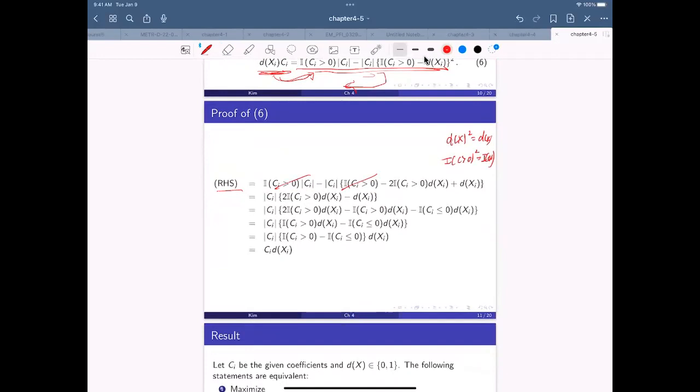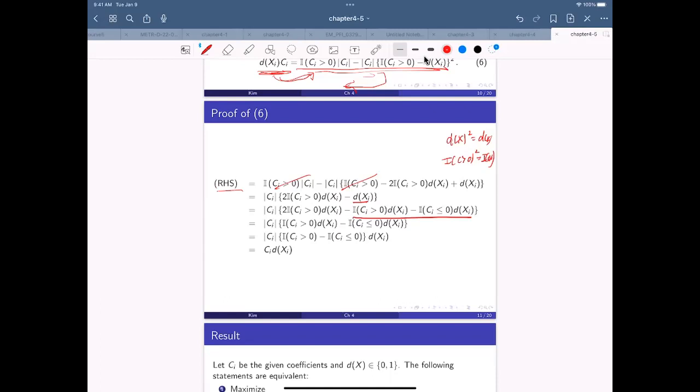From second to third, you have just another simple partition. So you partition one into two parts, and then do some algebra. Okay. And then you take dx common to be outside.